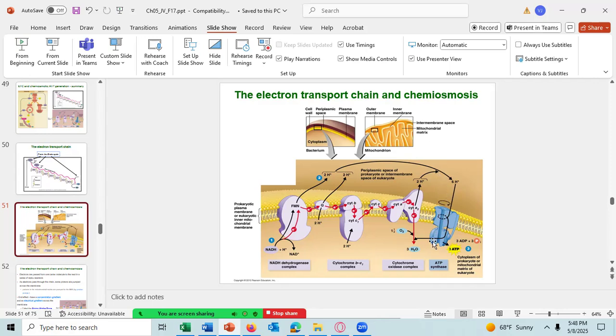So it's phosphorylating ADP by combining phosphate to it to make ATP. And that is how our cells make, or at least most of our cells make most of their ATP. There is an exception. Your muscle cells can make ATP by fermentation, and we'll talk about fermentation later in this lesson.